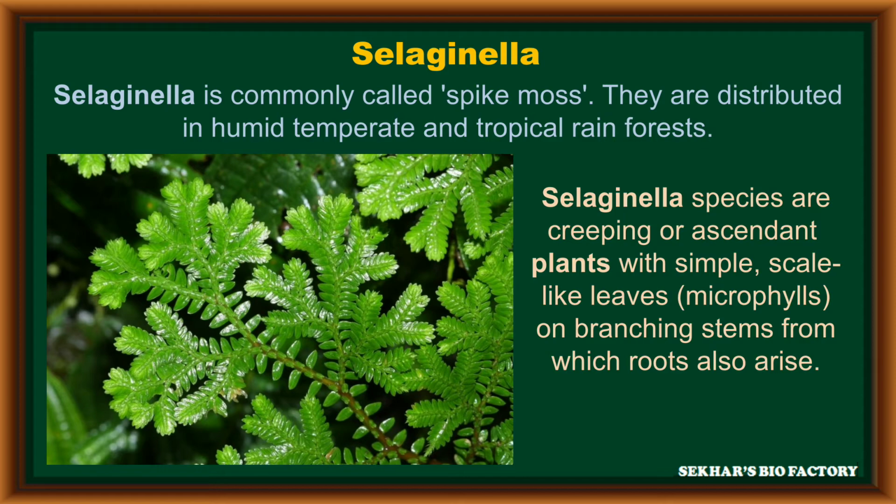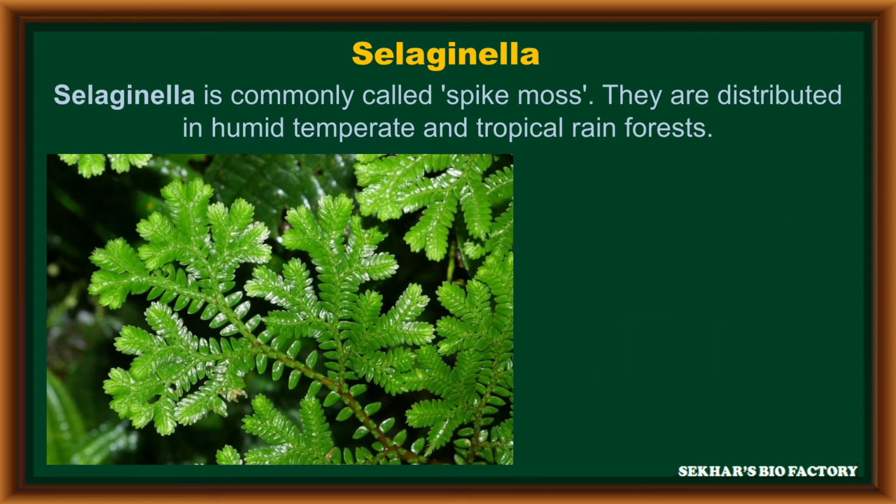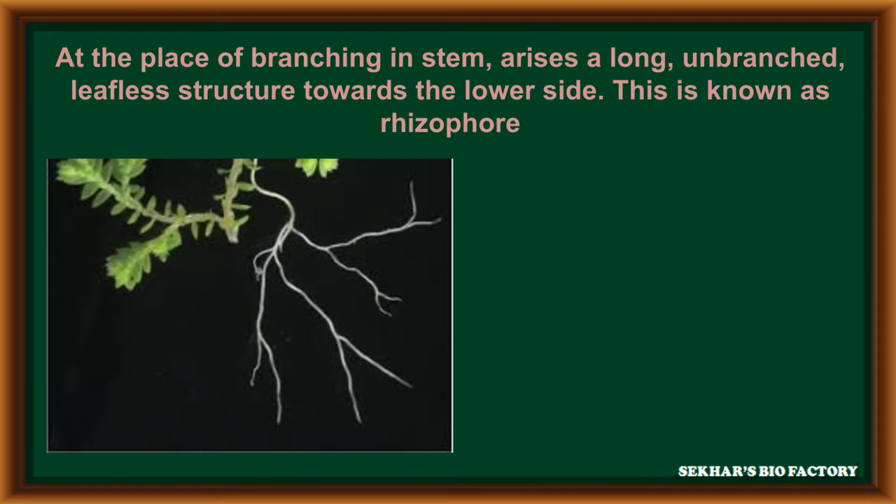The Selaginella species are creeping or ascendant plants with simple scaly leaves called microphylls on branches of the stem, and roots arise from the lower surface of the stem. At the place of branching, the stem gives rise to a long unbranched leafless structure towards the lower side. This is called the rhizophore.